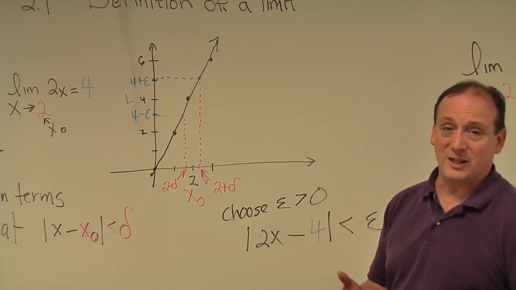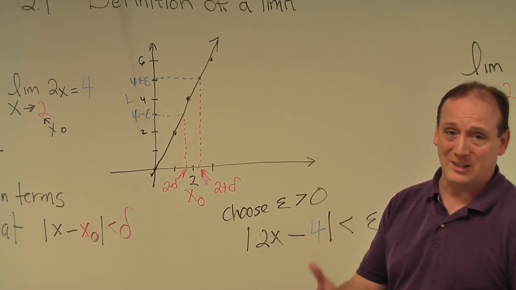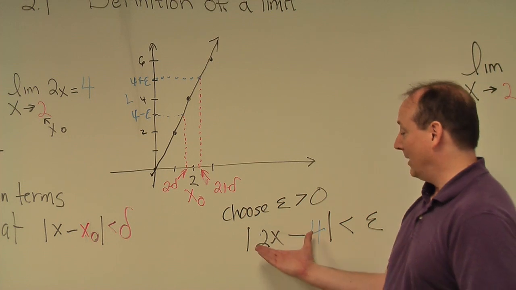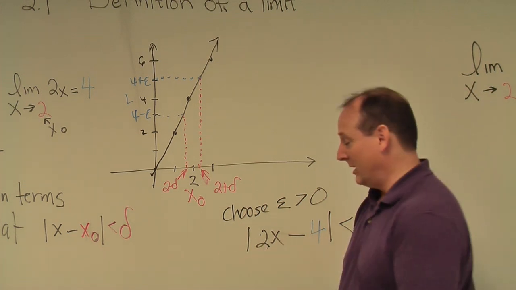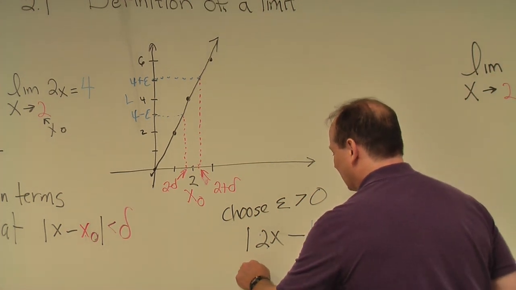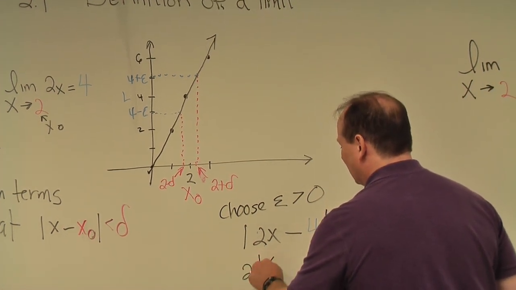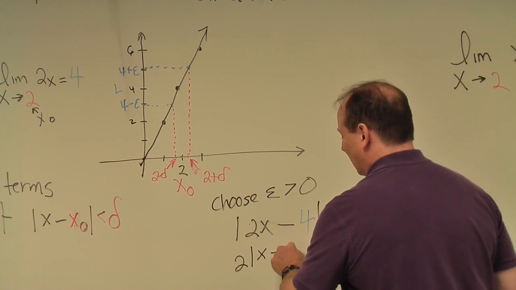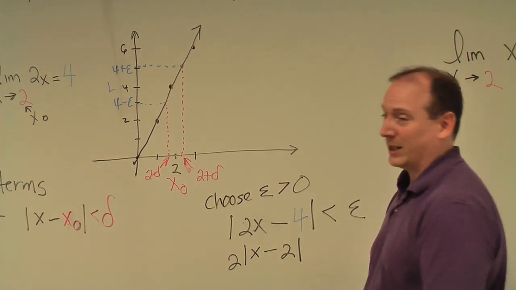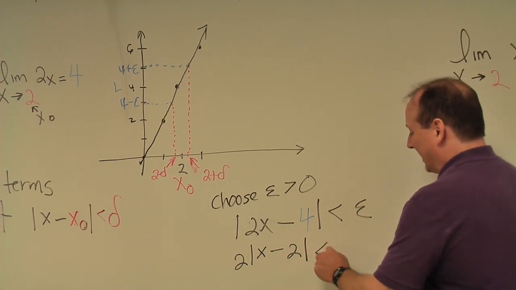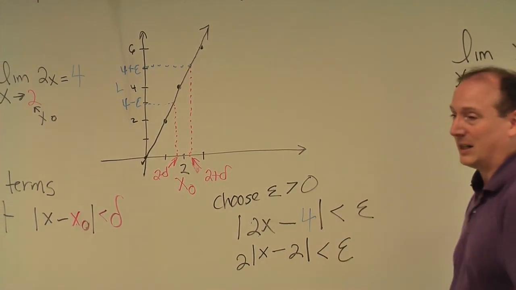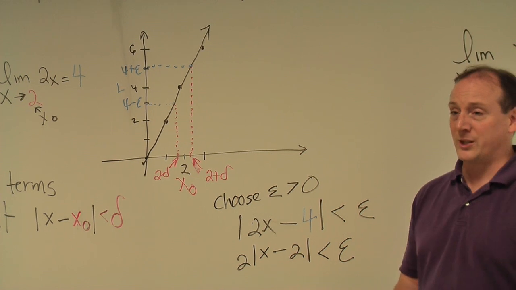Well, in this case, because it's a line, there's an easy way to do that. We can just factor the 2 out. So we could transform this by factoring a 2 out, and we could say that that's, of course, less than epsilon. And again, what are we interested in?